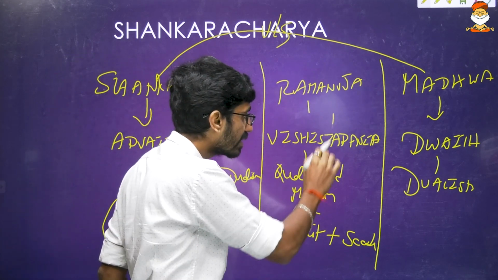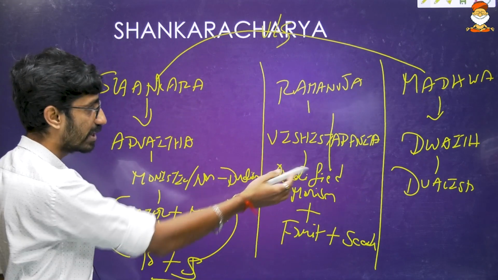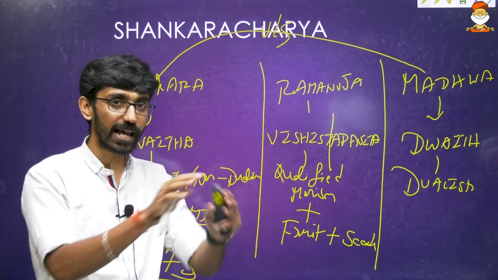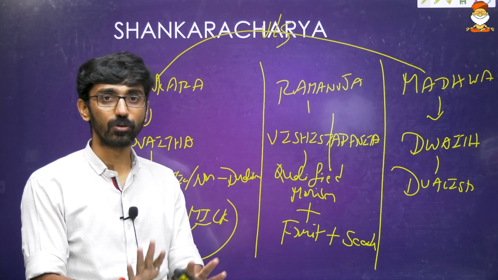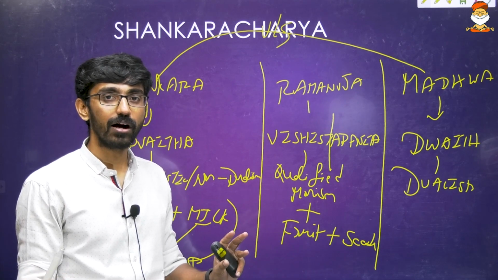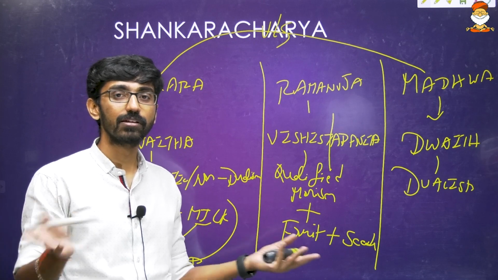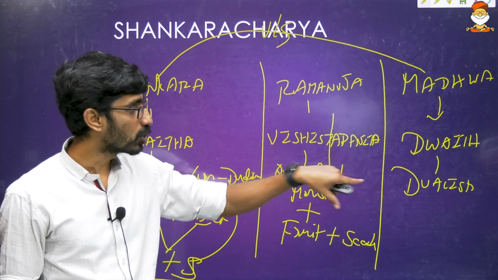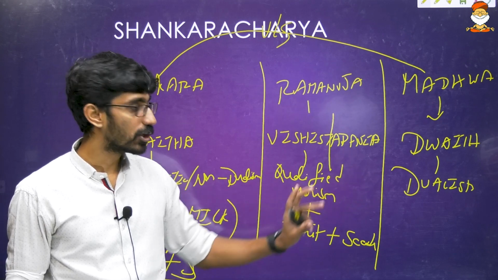That is Visishta Advaita: the same Advaita, but with certain conditions, qualified monism. You cannot say whether the fruit came first or the seed came first. Very difficult to say. Now come to Dvaita, that is dualism.